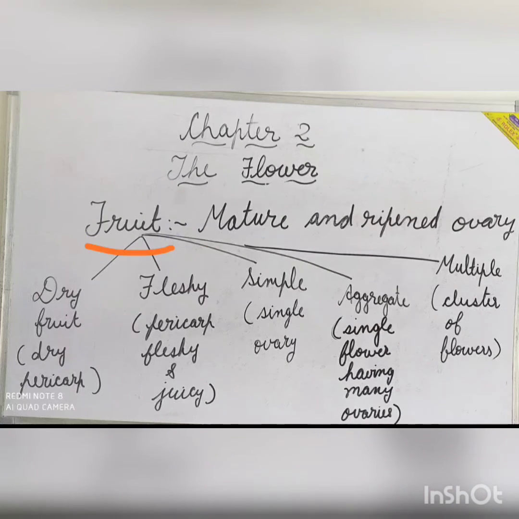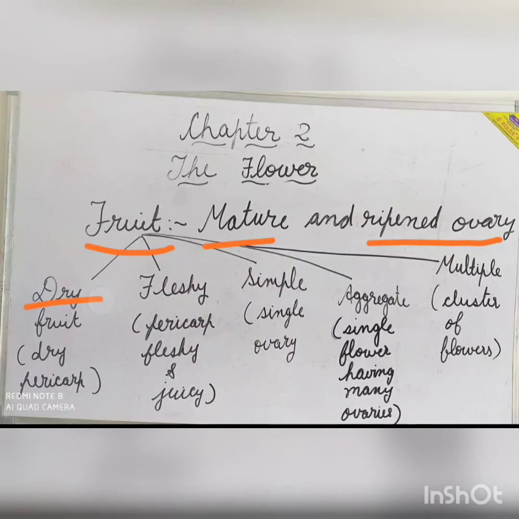Fruit. A fruit is the mature and ripened ovary which is developed after the completion of pollination and fertilization. A fruit contains an outer fruit wall or pericarp and the seeds. The structure and the thickness of the pericarp may vary from fruit to fruit. Fruits are of many types.